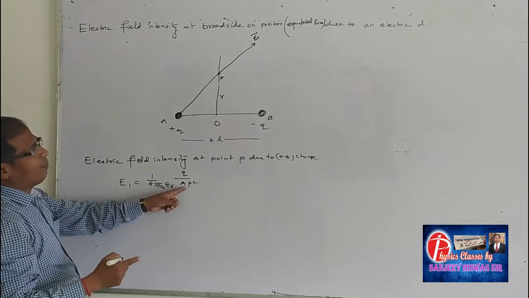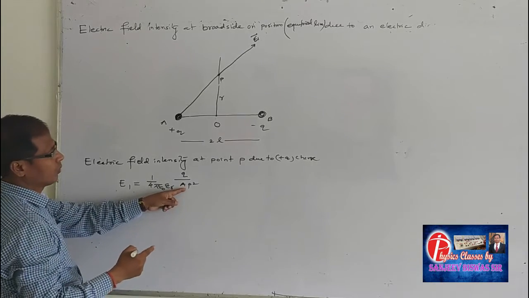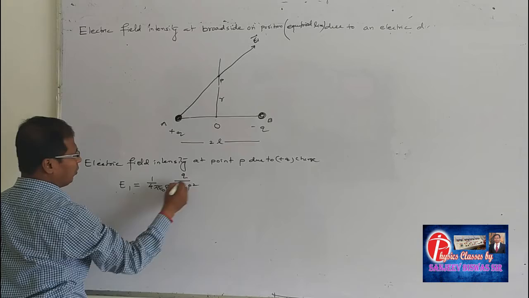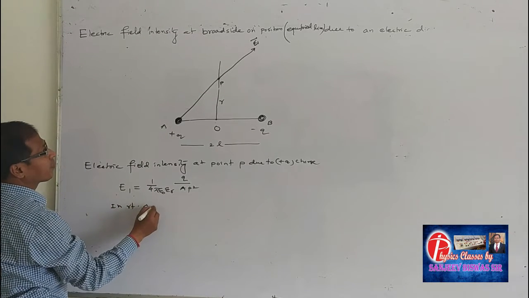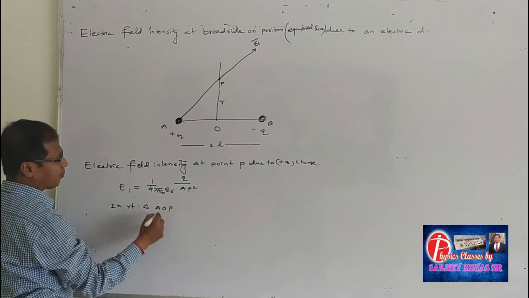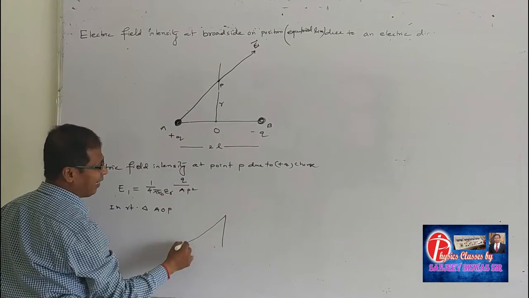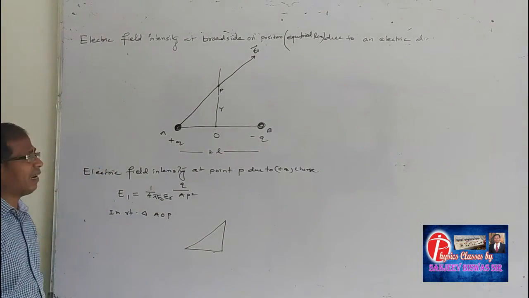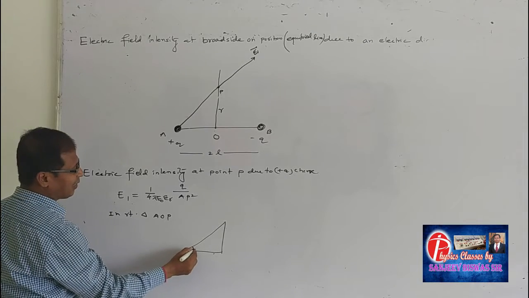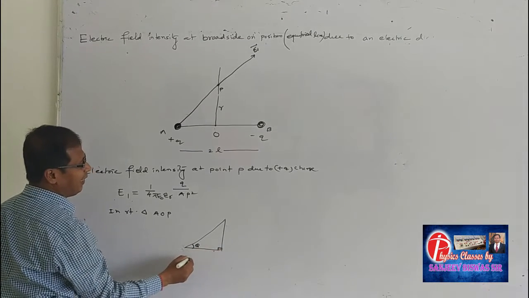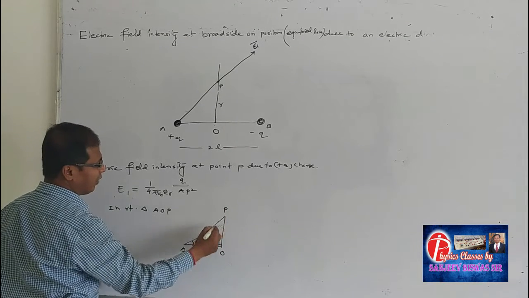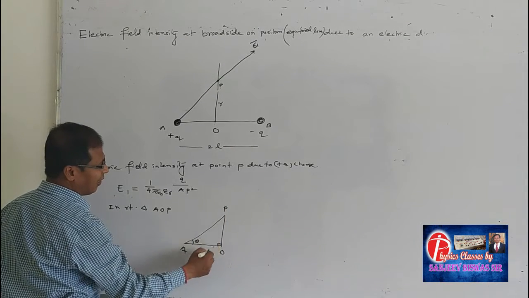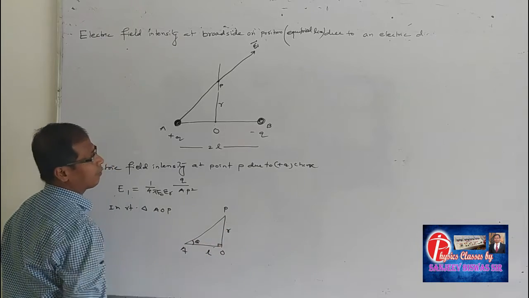Here the value of AP is unknown. So take the right angle triangle AOP. In this right angle triangle, suppose this angle is theta, this is 90, this is A, this is O, and this is P. This distance is L, this distance is r.